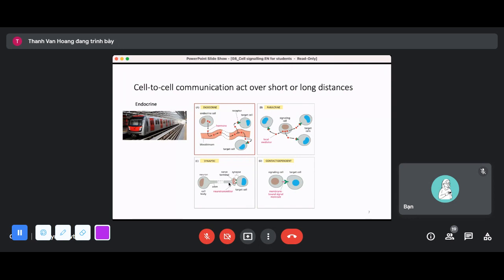What is the advantage and disadvantage of signal transduction or cell communication through the endocrine, like when hormone is transported through the bloodstream? Đâu là cái ưu điểm và nhược điểm của cái việc truyền tín hiệu qua hệ nội tiết?